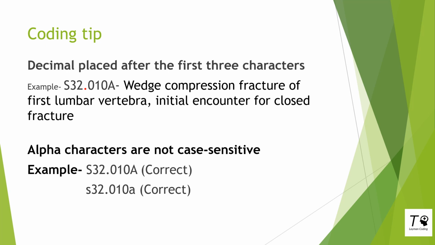One of the examples is in front of us. If you see S32.010A, the upper one, S and the letter A, both are in uppercase. If you see the other one where S and A are in lowercase, both of them are correct. I hope it is clear to all of you.